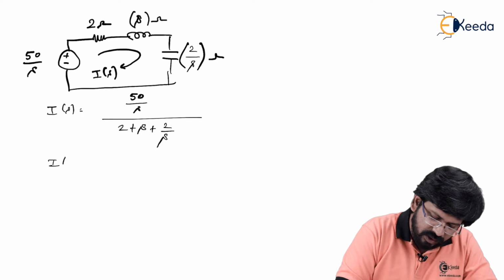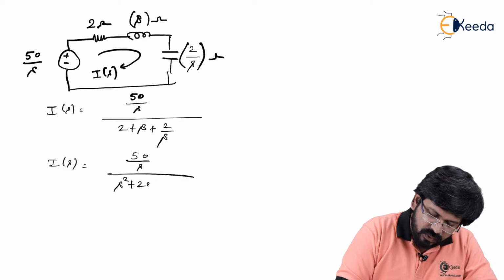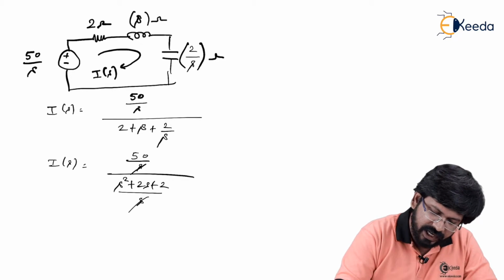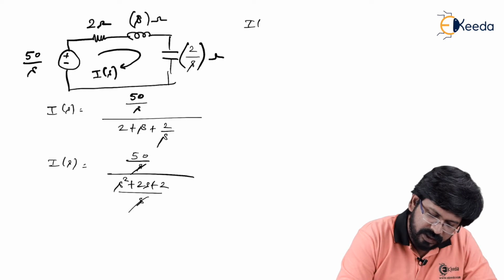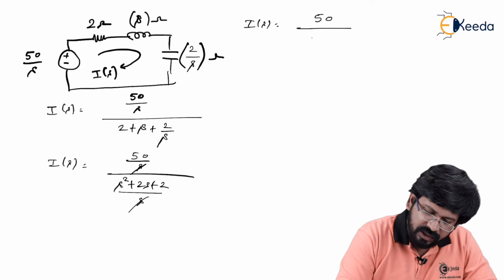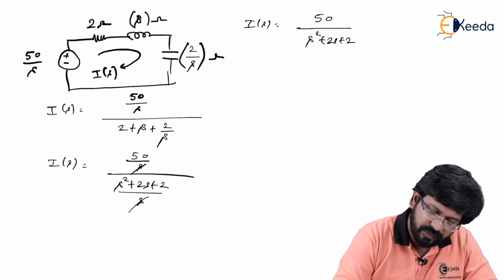So now I(s) becomes 50 by s whole divided by (s square plus 2s plus 2) by s. This s and s will get cancelled. So I(s) becomes simply 50 divided by s square plus 2s plus 2. I can rewrite I(s) like this.